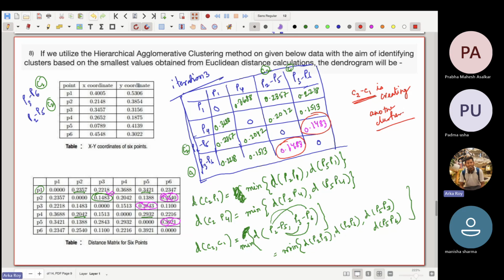So in the earlier case we have drawn that 3 और 6 बना रहा था cluster, 2 और 5 भी cluster बना रहा था, and in this case we have seen that these two are clubbed together. C2 C1 भी club हो गया है, right?